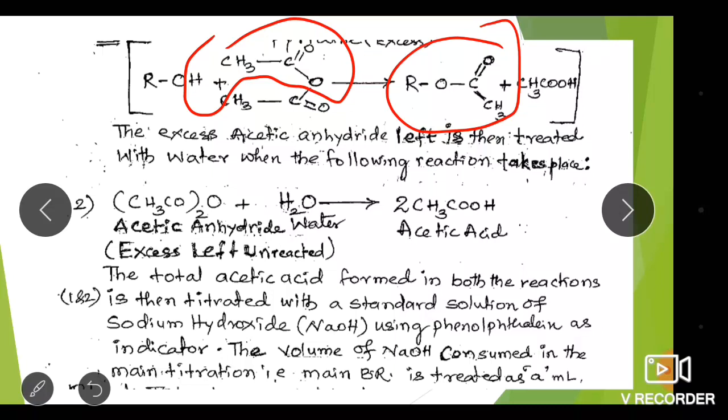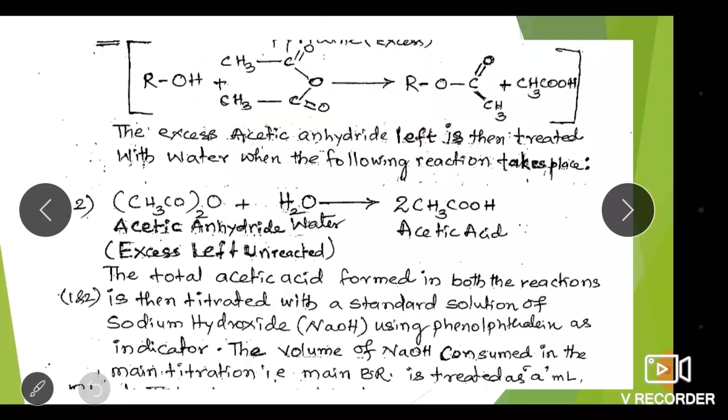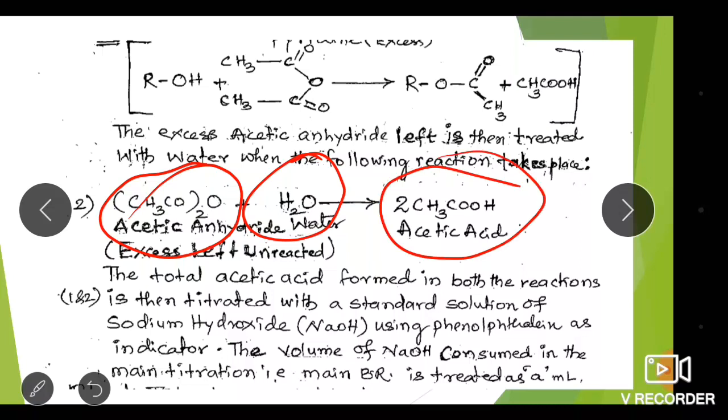The excess acetic anhydride left is then treated with water. Excess unreacted acetic anhydride on hydrolysis with water gives 2 molecules of acetic acid.